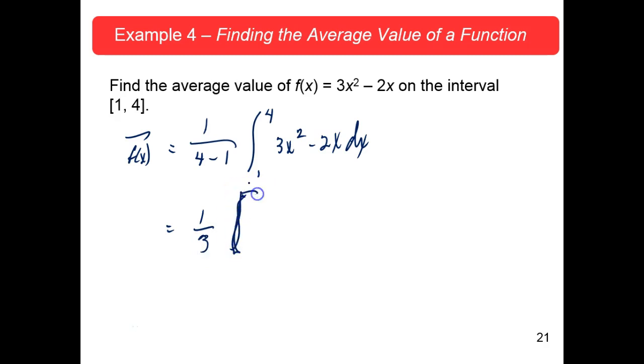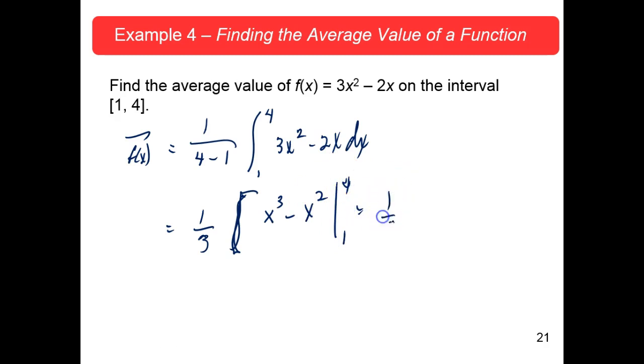Let's just go on and do the antiderivative. What's the antiderivative of 3x squared? x cubed minus x squared, evaluated from 1 to 4.